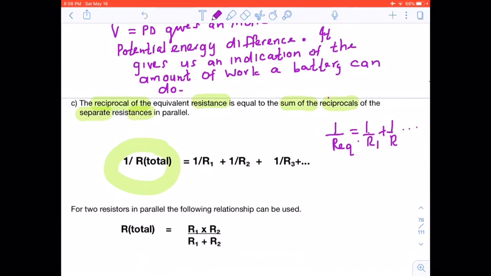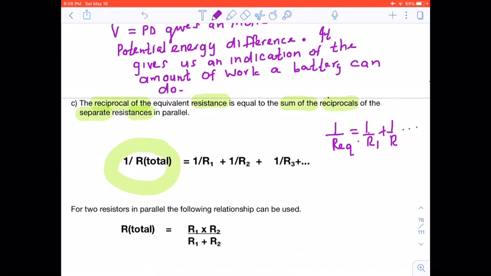And we can continue with it, right? And sometimes we also say 1 upon R parallel, right? So it's a different way of writing it, but the relationship still holds for resistors in a parallel branch.